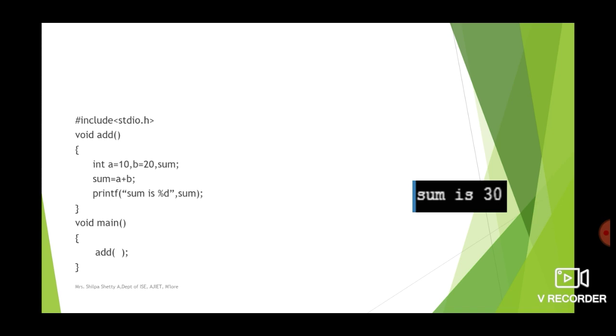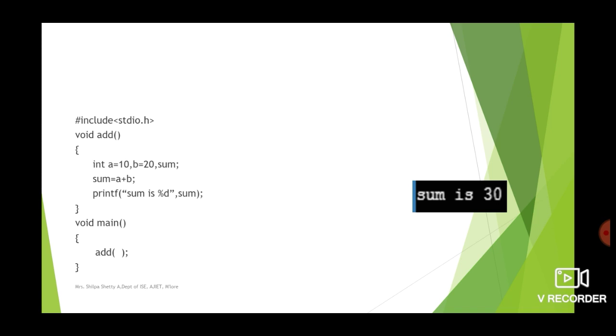Now if you look at the definition of the function, we have written the return type as void. When the return type of a function is void, it means that the function is not returning any value. Then we have the name of the function followed by again an empty set of parentheses.